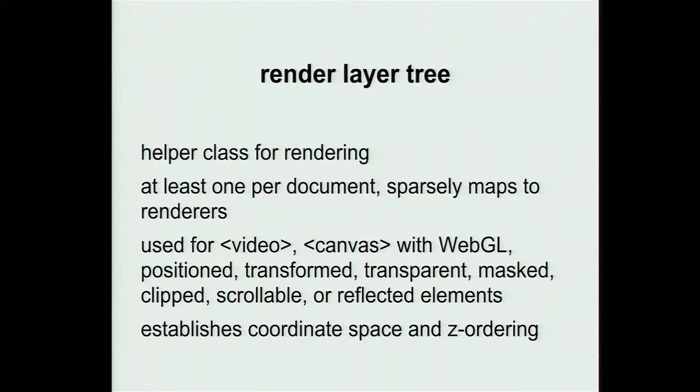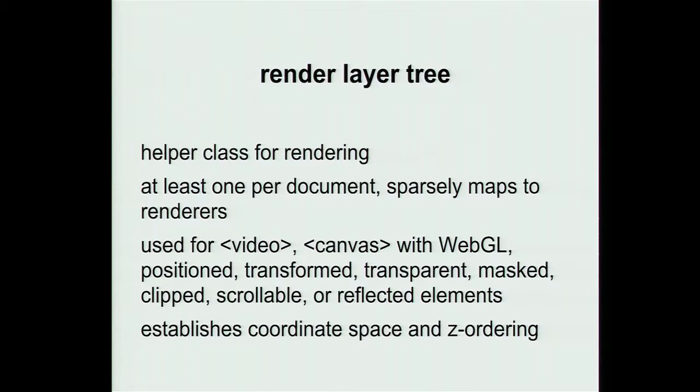And then there's render layers. A lot of people have heard about these now. It's kind of like a Swiss Army knife for the render tree. There's always one per document. The root always has one, but it's also used for video, canvas if it has a 3D context, which is WebGL.